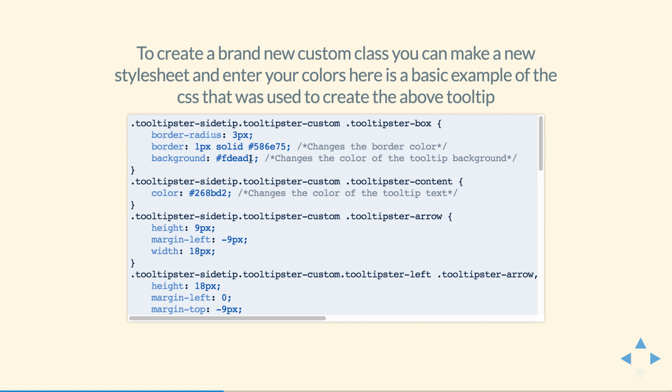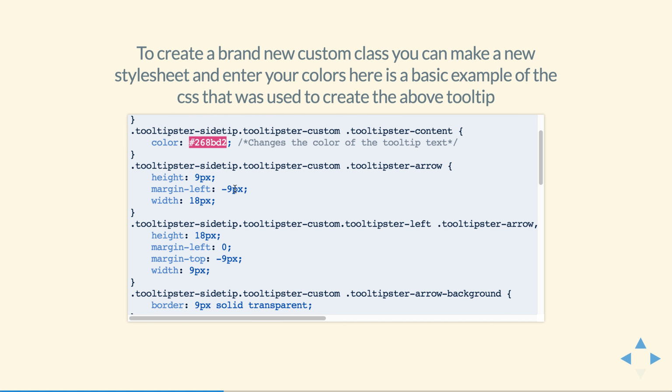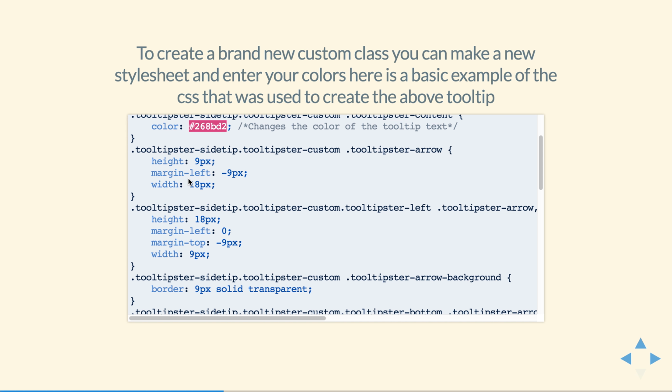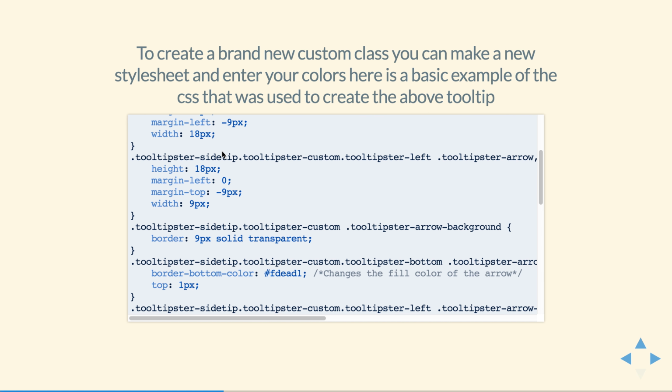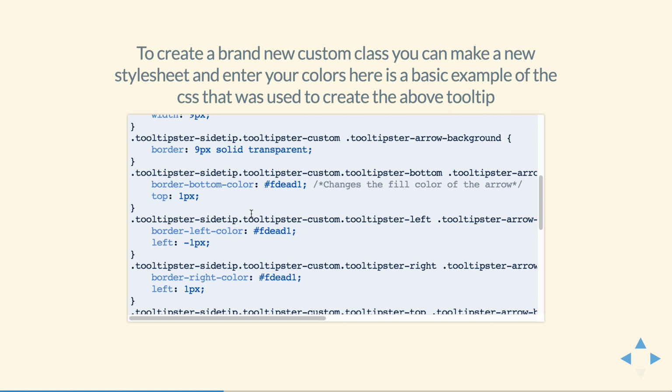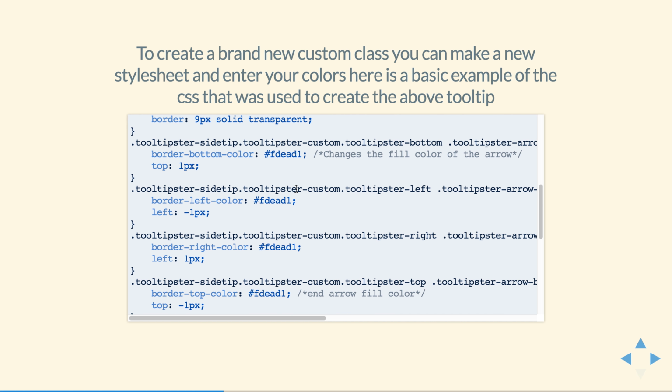So here, I changed the background of the box. Then this is the border color. This changes the text. And here is just building the arrow, so you really don't have to change anything there unless maybe you want a different type of arrow. Maybe you want a bigger arrow, you want a smaller arrow. That's where you could change that. And then these next ones, even though they are borders, they're actually the fill color for the arrow.